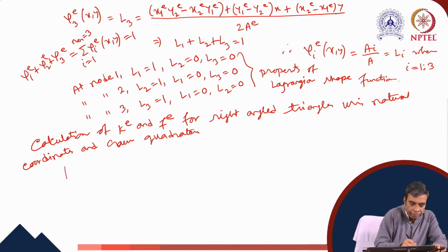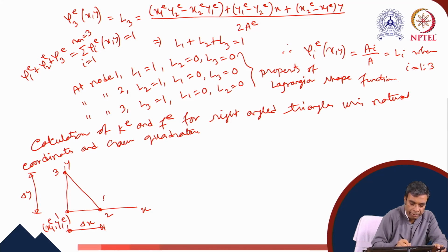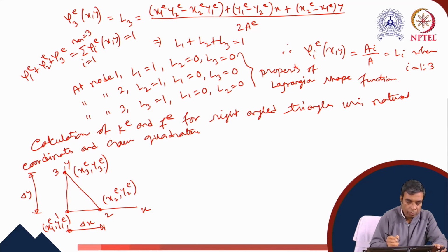So here let us consider a right angled triangular element. These edges are of length delta x, and here it is delta y. The local nodes are 1, 2 and 3. Its actual coordinates are x1e, y1e, x2e, y2e, x3e, y3e.